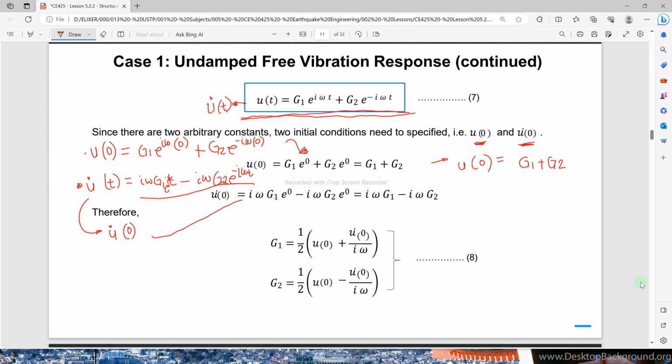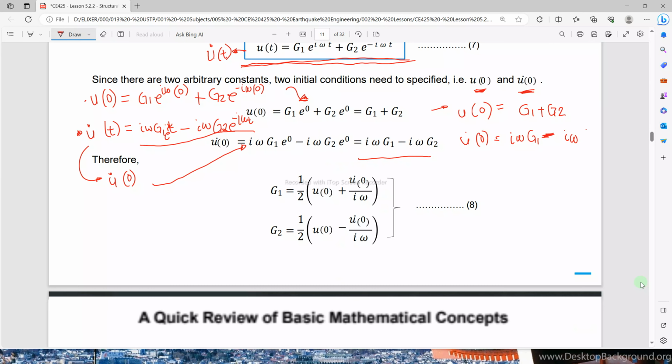We eventually have the solution that the U dot of 0 is equal to i omega G1 minus i omega G2.